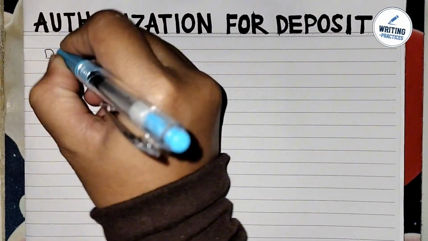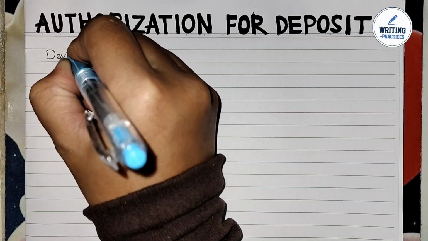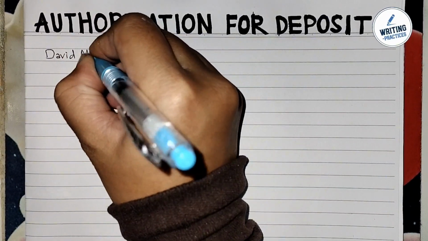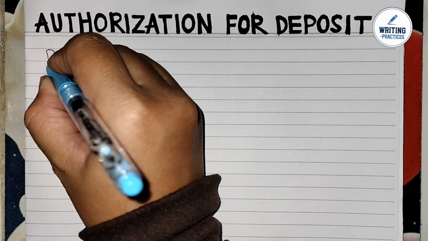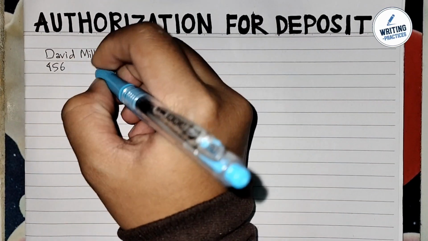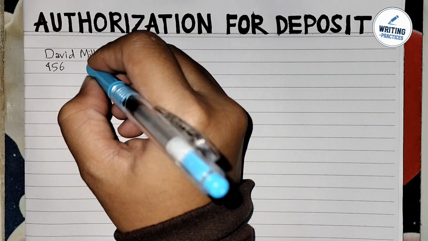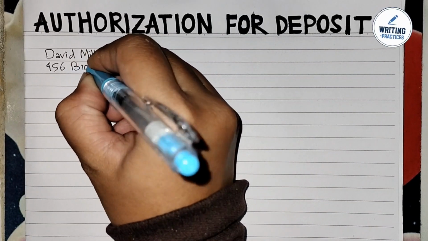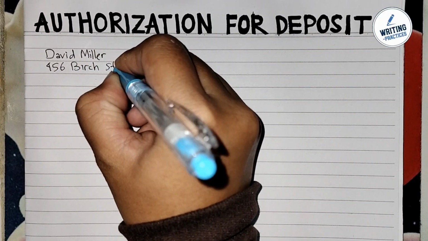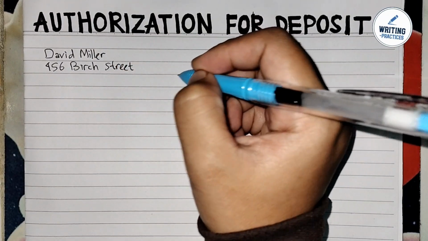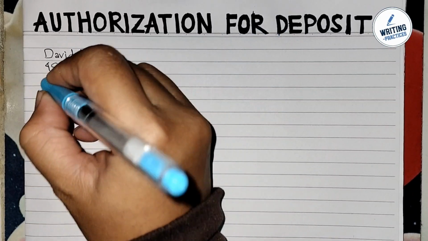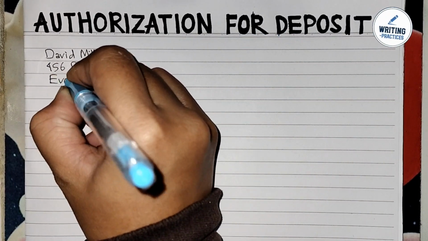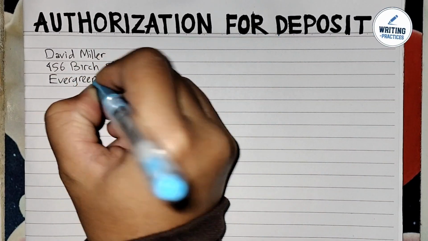Today, we are going to learn how to write an authorization for deposit letter. What is an authorization letter for deposit? An authorization for deposit letter is a formal document that an individual writes to give permission to an organization, such as an employer or a financial institution, to deposit money directly into a specific bank account. This type of letter is commonly used to set up direct deposit arrangements for paychecks, tax refunds, or other regular payments.